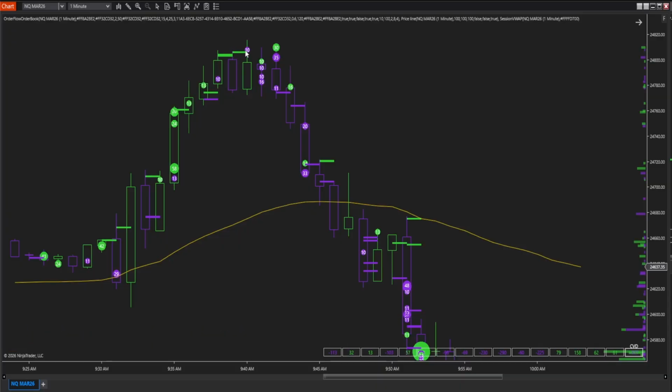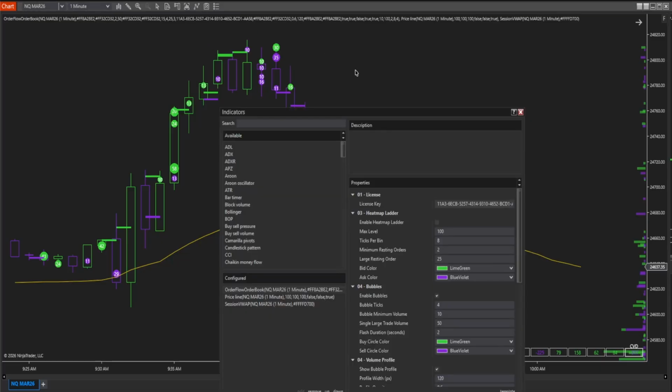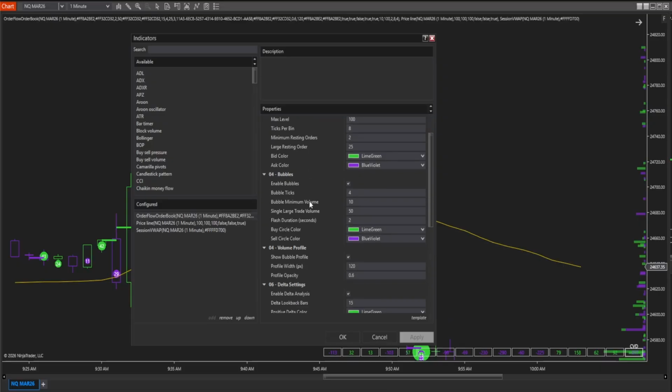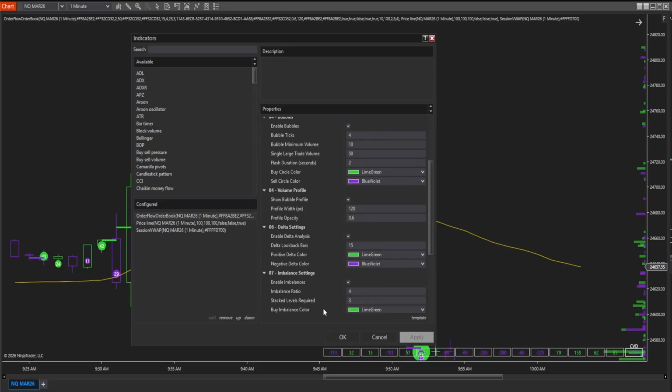These buyers up here were getting absorbed. That's what those lines are. A stacked imbalance means there's 5 times more buying than selling, and it's a stacked imbalance area. My stacked imbalance is set to 4 and 3.